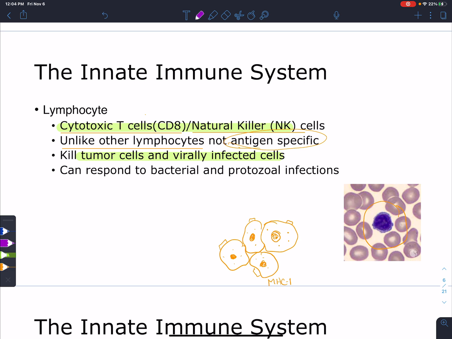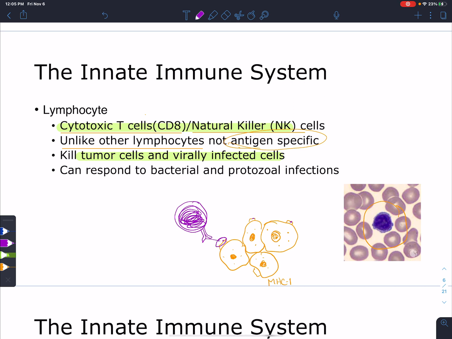So it starts to display this protein on its MHC1. And what happens? These T lymphocytes, they're doing their job, floating around, and it has this detector on it. And it notices, oh, this guy has something on his MHC1 that's not normal.